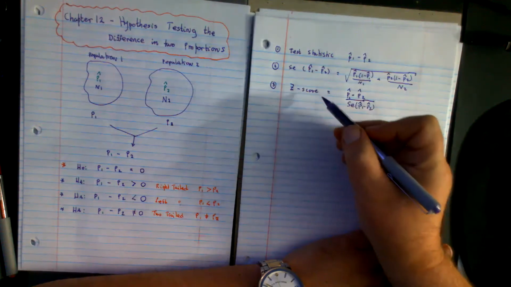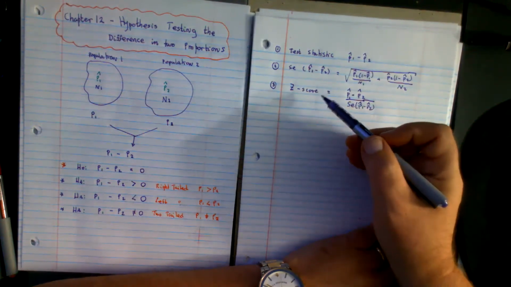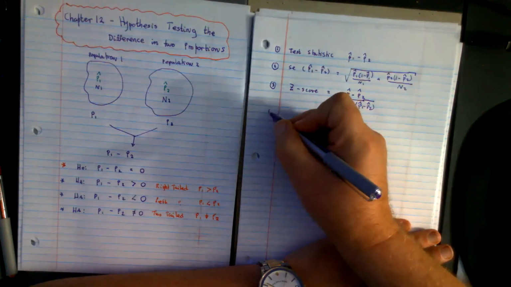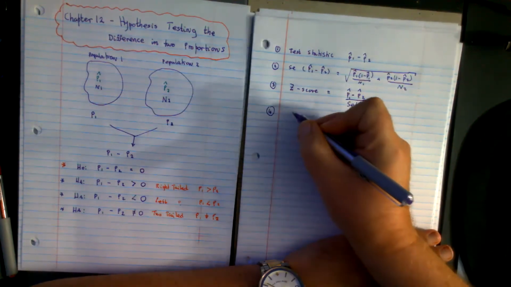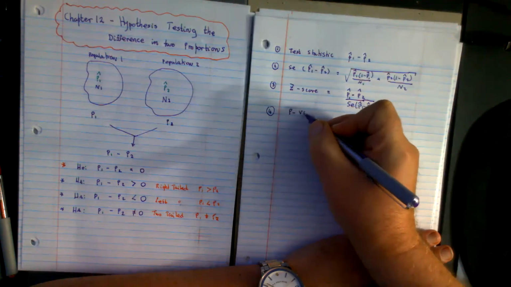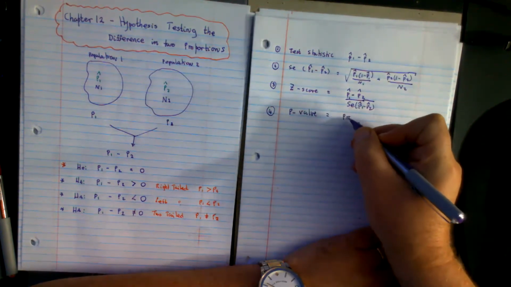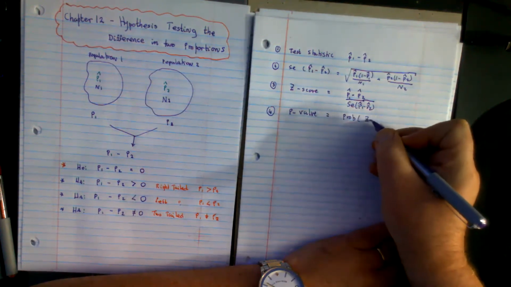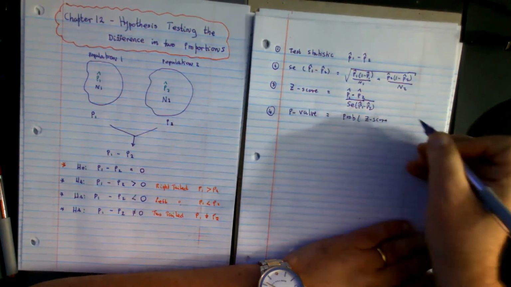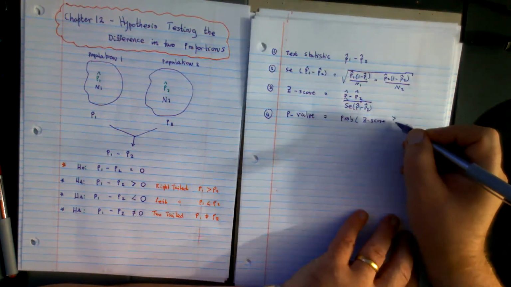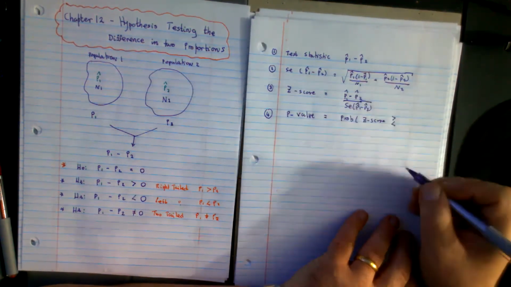Now, if that z-score is unusually large or small, then it will be evidence that one of these three is true. And then you calculate the p-value, which is going to be the probability that you get a z-score. And that z-score is either going to be greater than or less than this number here.